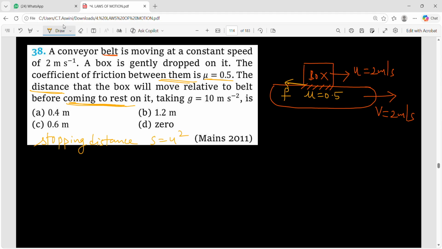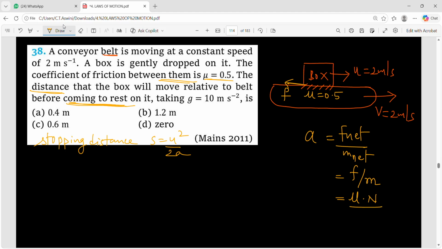What is stopping distance formula? This is u square by 2a, right? What is the initial velocity of the box? That's nothing but the speed of the conveyor belt. What will be the final speed? 0. What is the acceleration of the block? It is nothing but F net upon m net. So there is no external force. So we have only frictional force and the mass of the block. What is frictional force?